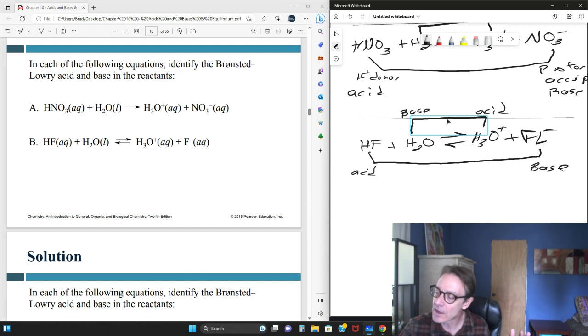So acids and bases on one side and their conjugate acids and bases on the other side. You won't ever get two acids on one side and two acids on the other side. If you come up with that, you did something wrong if you're looking at Bronsted-Lowry.